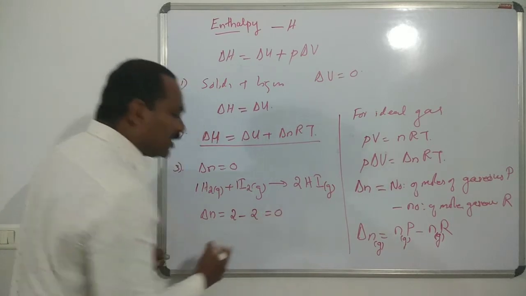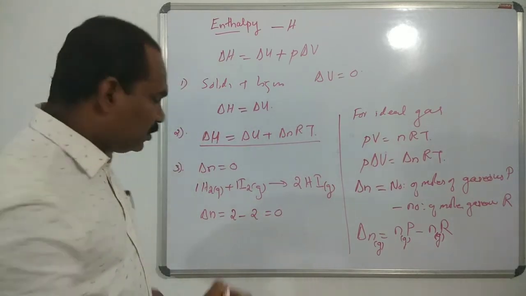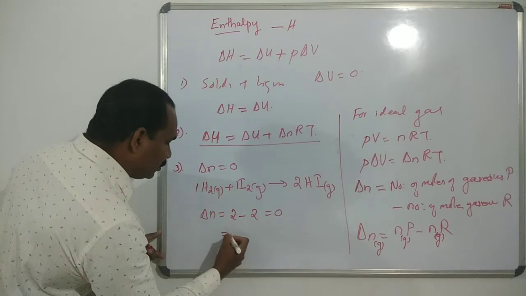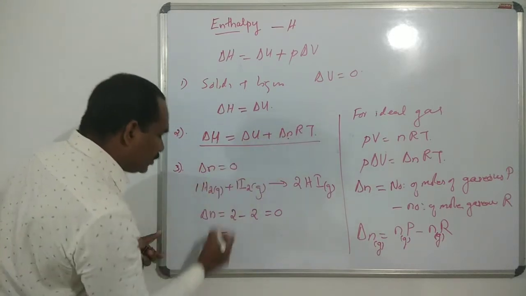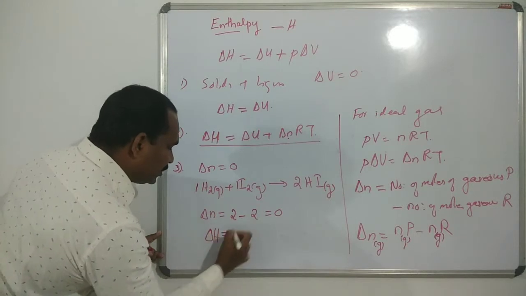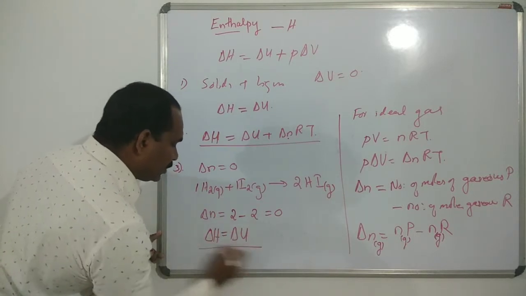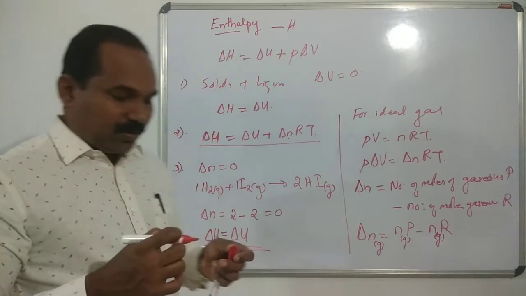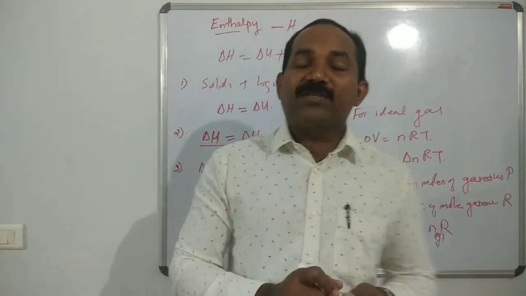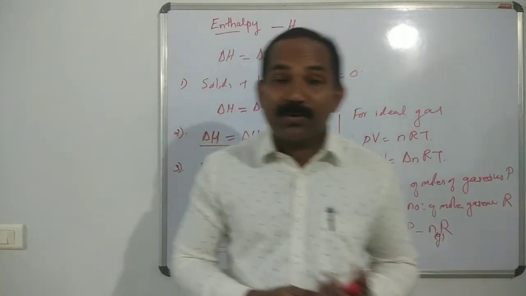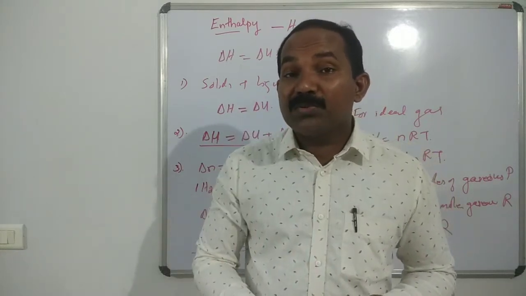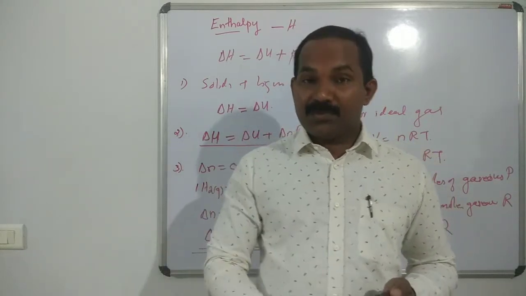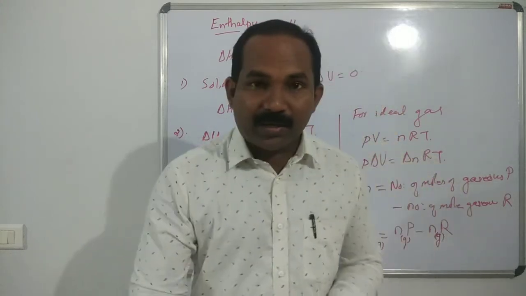So delta n is equal to 0, and in this case delta H is equal to delta U. So for a gaseous reaction in which delta n is equal to 0, delta H is equal to delta U.